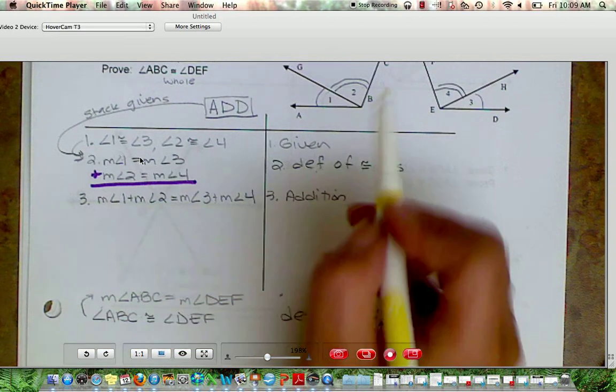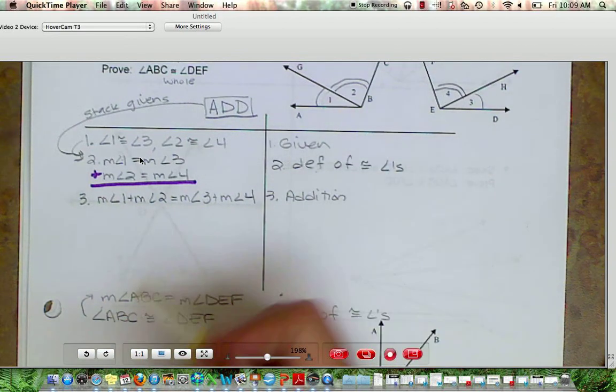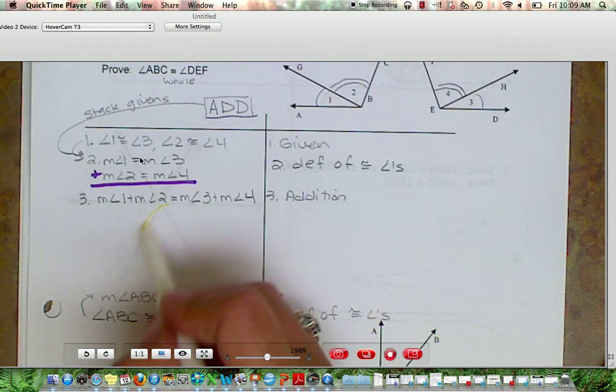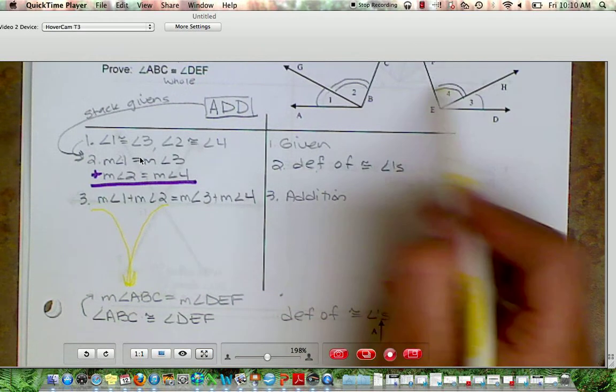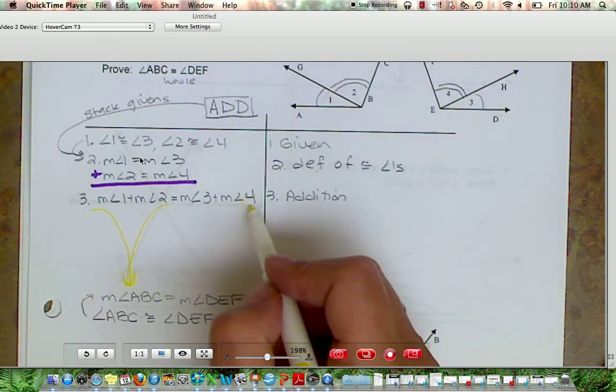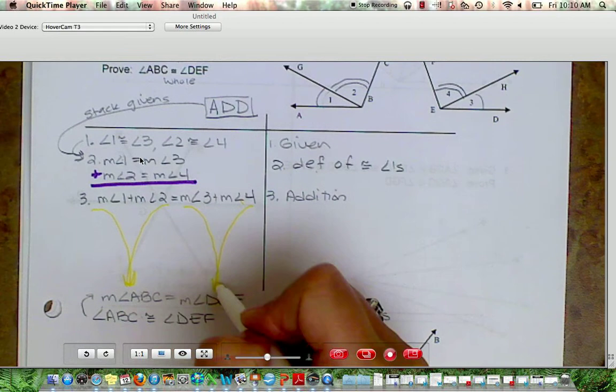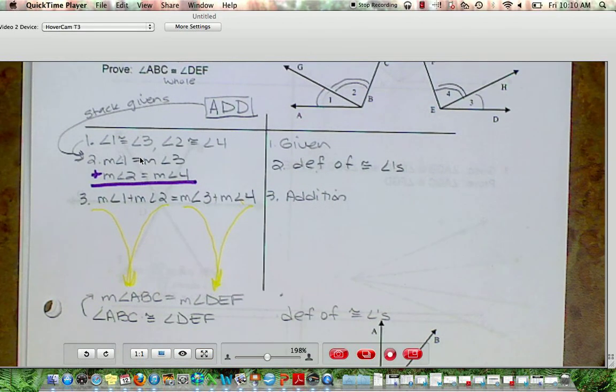But if we look at the diagram, 1 plus 2 is equal to ABC, but it's like what we get if we were to squish it down into a single angle. And 3 plus 4 is the same as DEF if we were to squish it down into a single angle. All right?